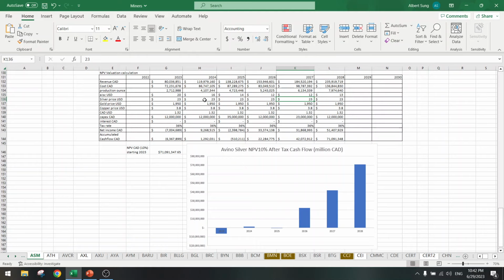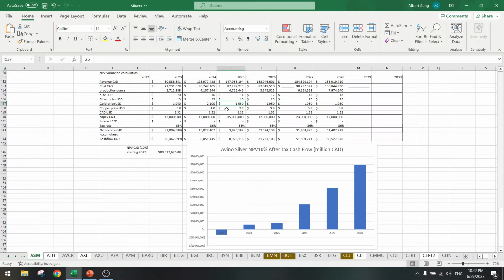Let's do this. Let's say we actually go to 25 silver next year and 2100 gold, maybe 4 copper. You can see that this is rising. Silver could go to 26, 2200, 4.1.